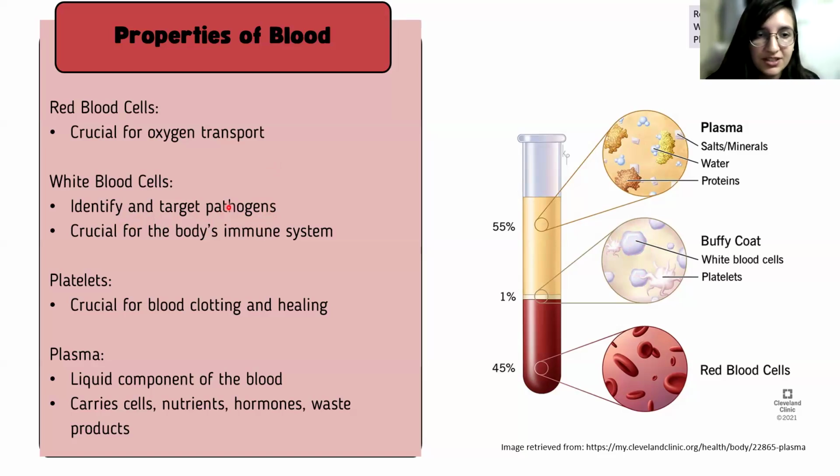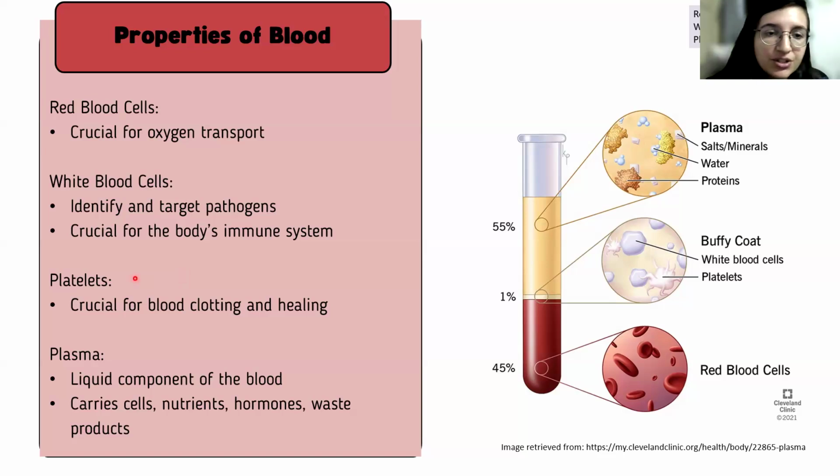But it kills those germs, and it is crucial for us to have white blood cells because that's our body's immune system. It defends us from diseases. Okay, so that was the white blood cell. And remember, red blood cells don't have a nucleus, but white blood cells do have a nucleus.